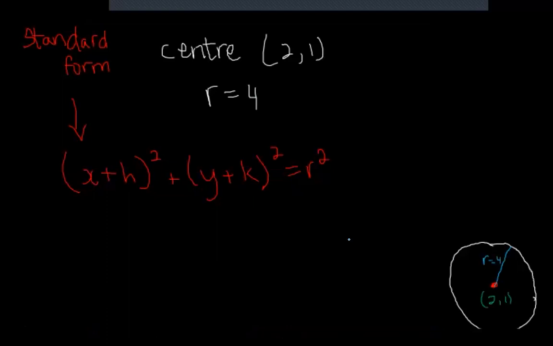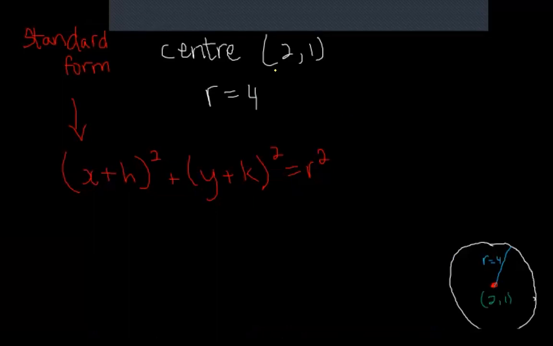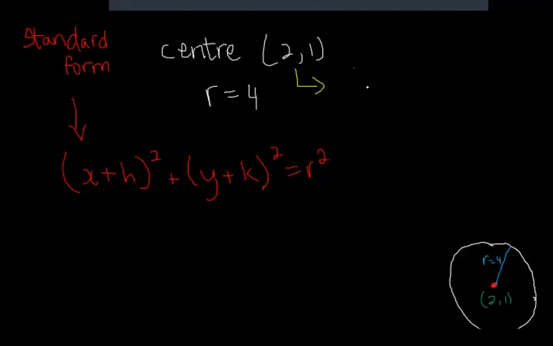Okay, what you need to keep in mind is that the coordinates of the center is in the form minus h and minus k. We did all of this already. The center has the coordinates minus h and minus k.